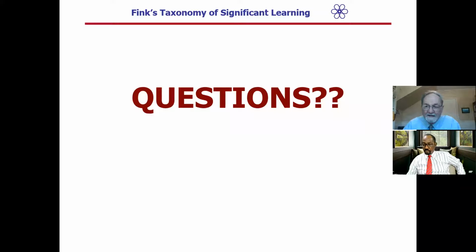Okay, can you say that again? I didn't quite understand all of it. Is there any correlation with Miller's pyramid of assessment? What do you mean by coordination of assessment? Correlation.